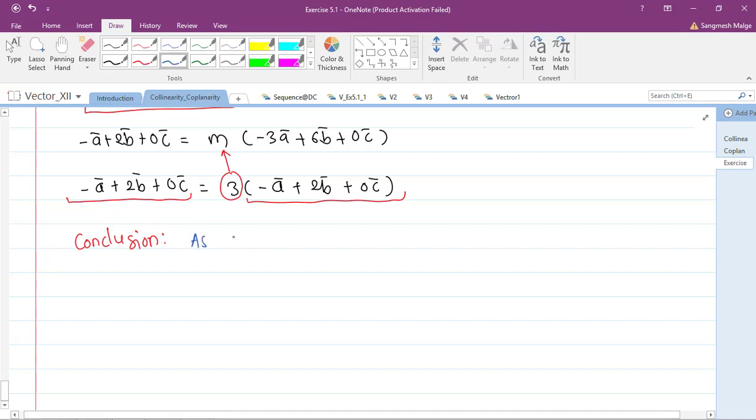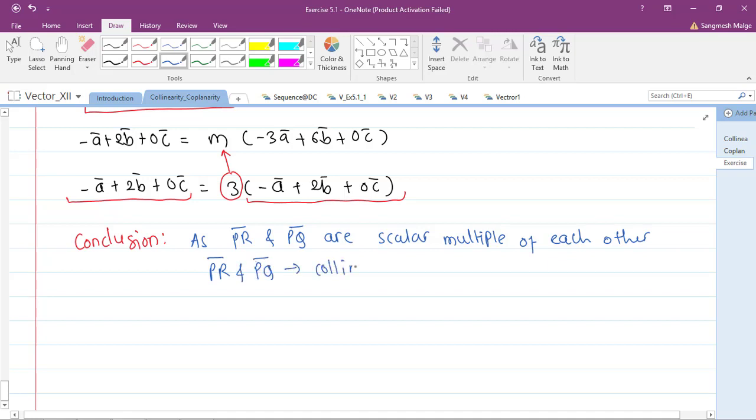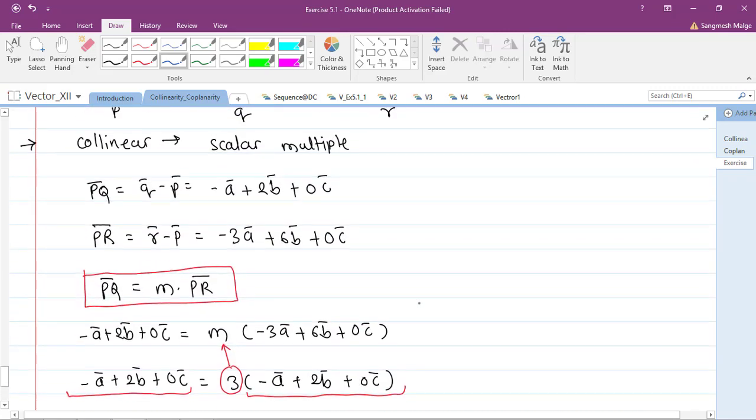As PR bar and PQ bar are scalar multiples of each other, PR bar and PQ bar become collinear, which implies P bar, Q bar and R bar become collinear, and that is what we have to prove.